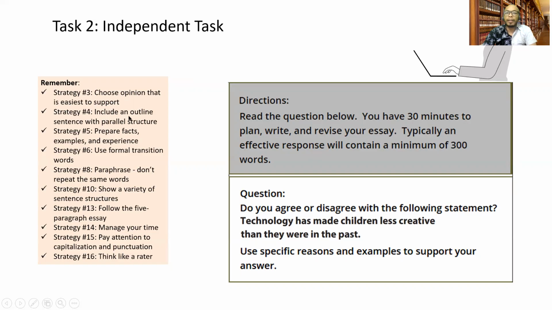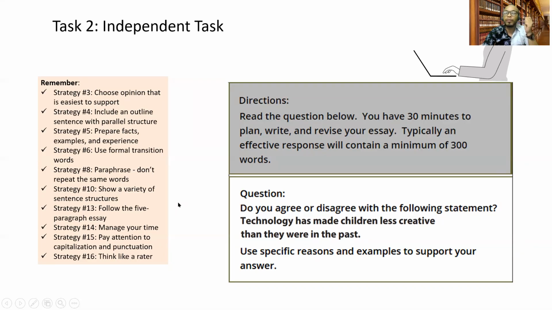And then include an outline sentence with parallel structure at the beginning of your essay. Prepare facts, examples, and experience to achieve the ideal length; you need to get to 300 words minimum. Use formal transition words. Do not just copy the words from the question.